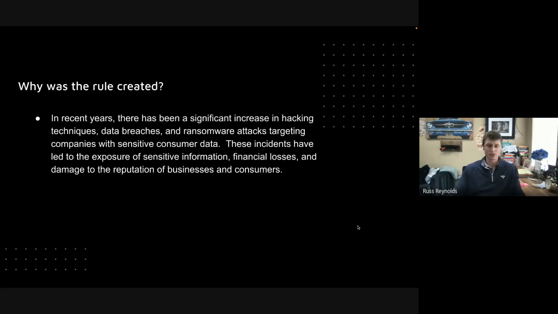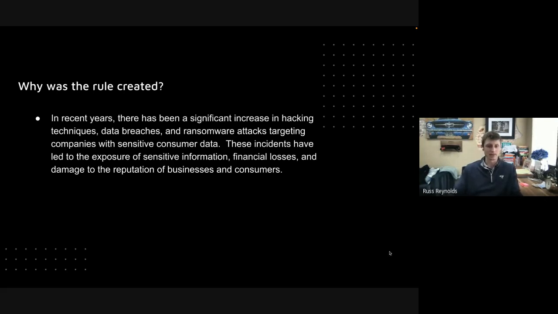So why was the rule created? I'm sure everybody on here knows that hacking has been on the rise, 2020 especially. I feel like when everybody was alone at their house and they didn't have anything to do, all the hackers got busy. They started hacking, holding people's data for ransom, and with the rise of these attacks, a lot of people were losing sensitive information.